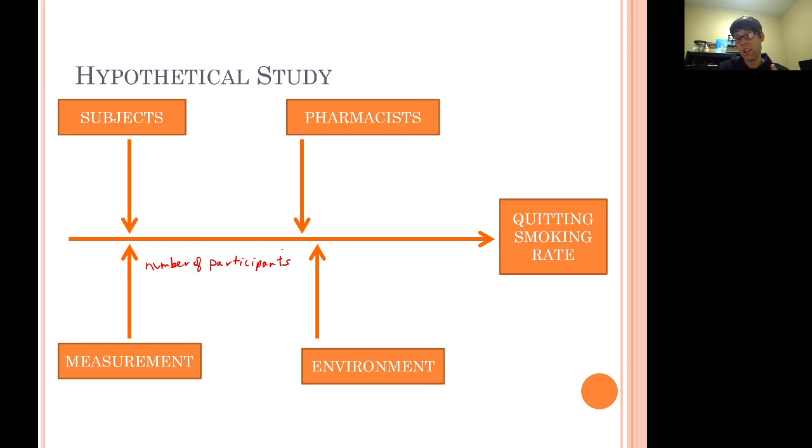Do we have a lot of teens that signed up for this? Having more participants always makes your experiment or your study stronger. So the number of participants could affect our overall conclusions. So that's something worthwhile for us to note here. We could have subjects that leave the study halfway through.